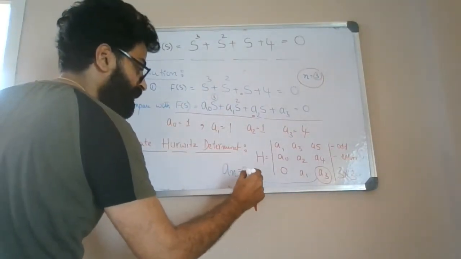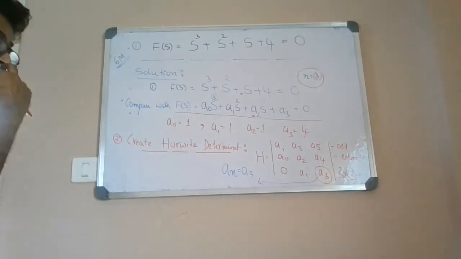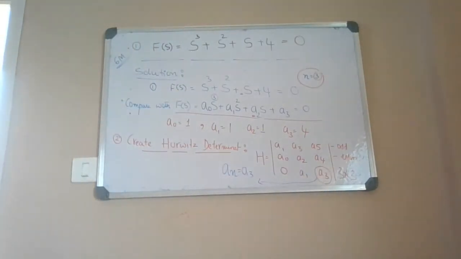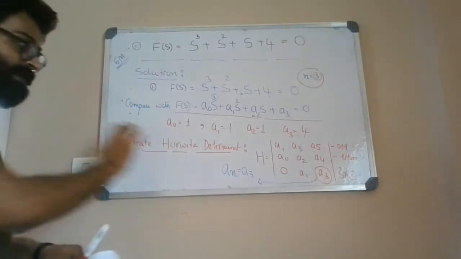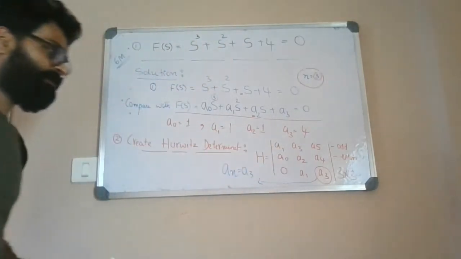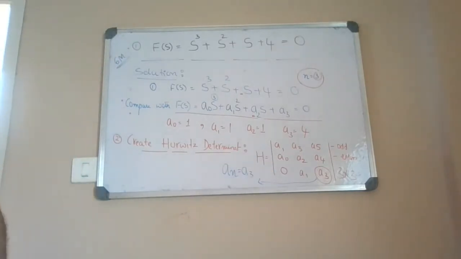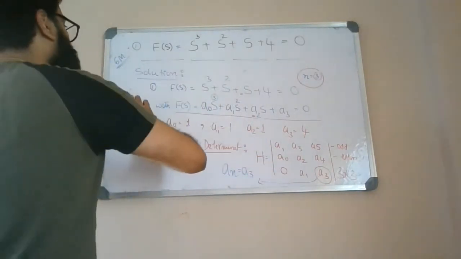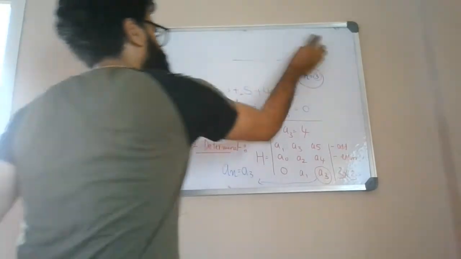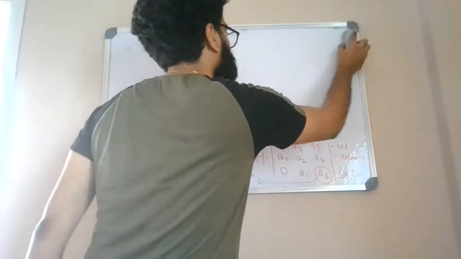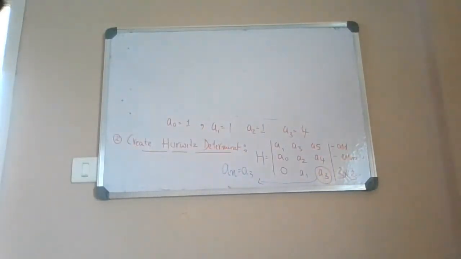So we are supposed to get a3 as our last element, and the same thing we have obtained. So you can say that you have successfully applied the logic while creating the Hurwitz determinant. Once you write down the Hurwitz determinant, things will be a lot easier to deal with.